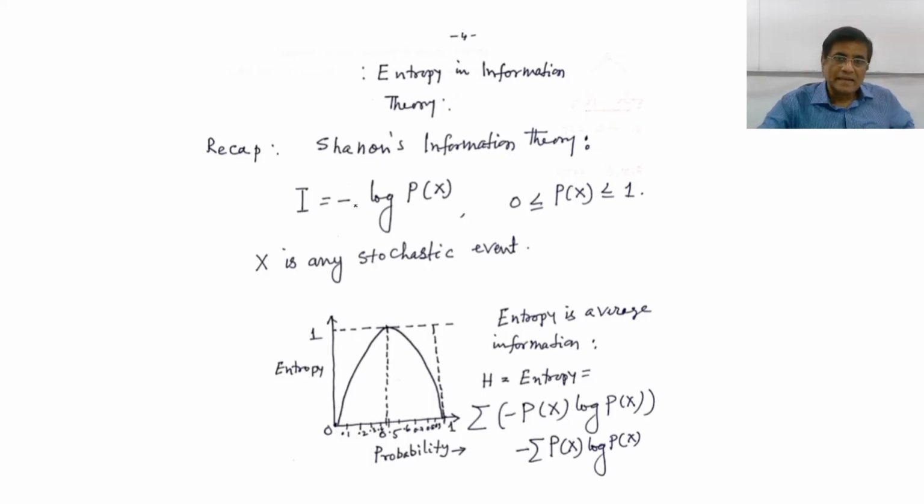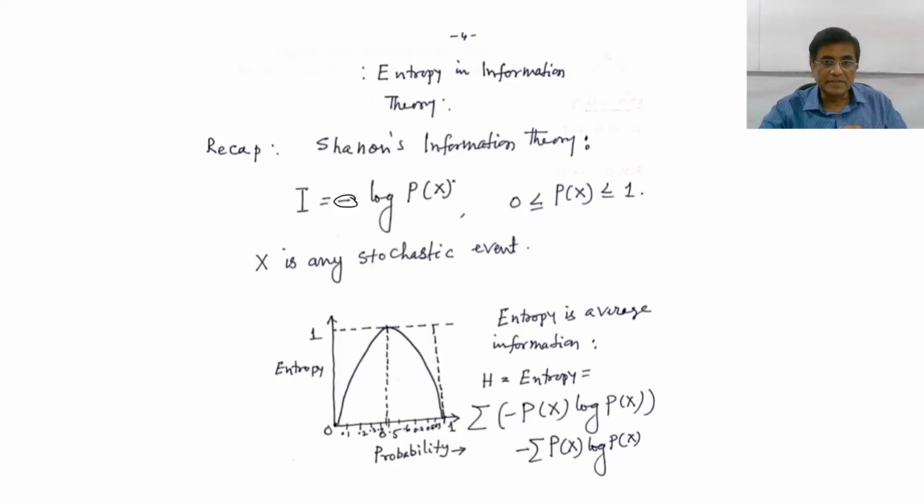Since probability is a fraction lying between 0 and 1, we have added a minus sign, because the log of that will always be negative. So it is inconvenient: the negative is already there, and then with the minus sign, information will always be positive. So information can be calculated like this. And what we are trying to do in machine learning is to extract the information hidden in the data.